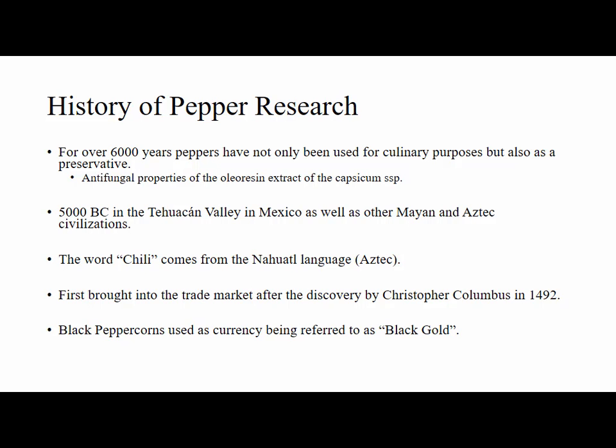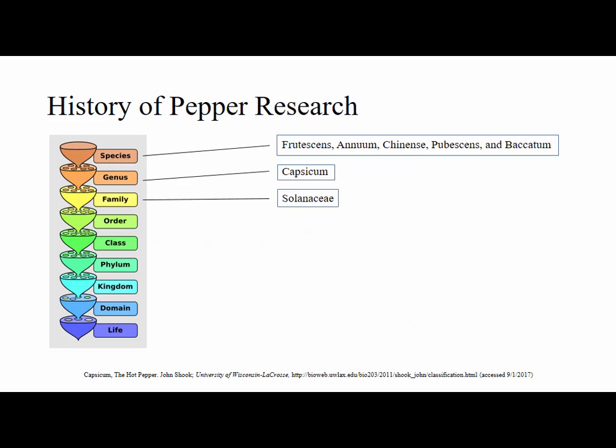And the word chili does actually come from the Nahuatl language, which was spoken by the Aztecs. But it wasn't until 1492 that this was introduced into Europe, and this was done by the discovery of Christopher Columbus. And black peppercorns, interestingly enough, were used as currency, and they were referred to as black gold.